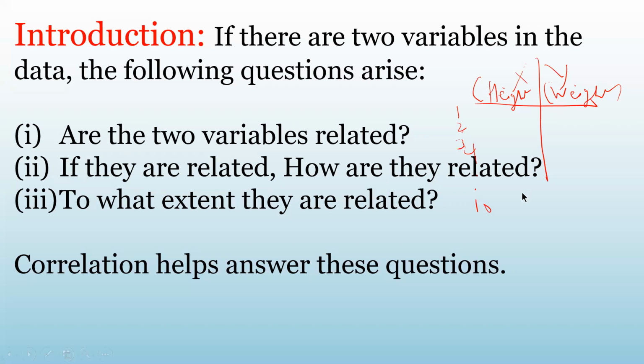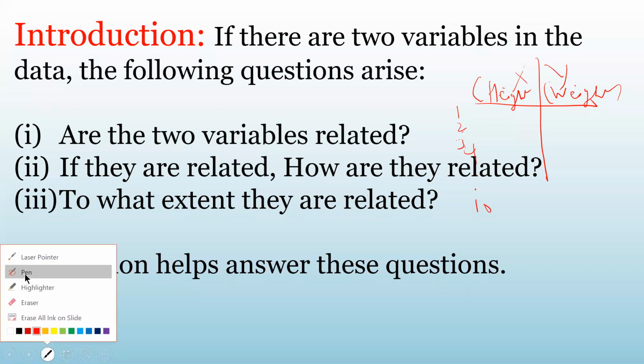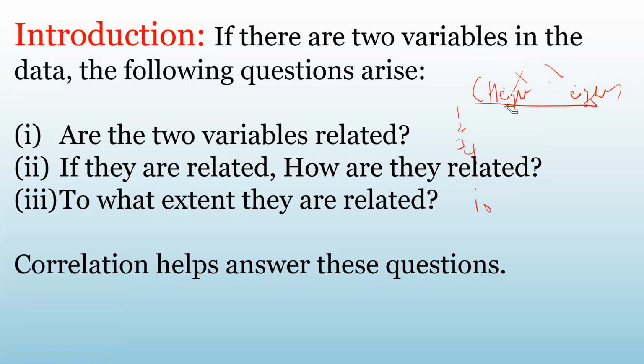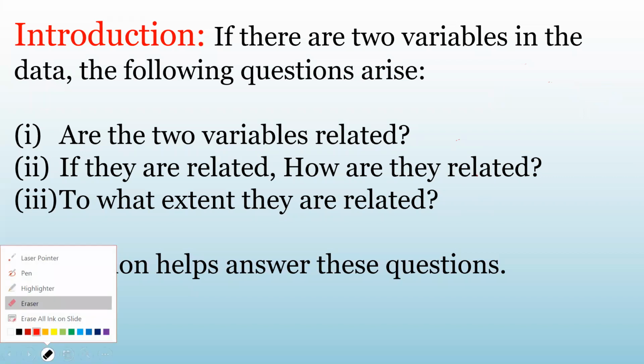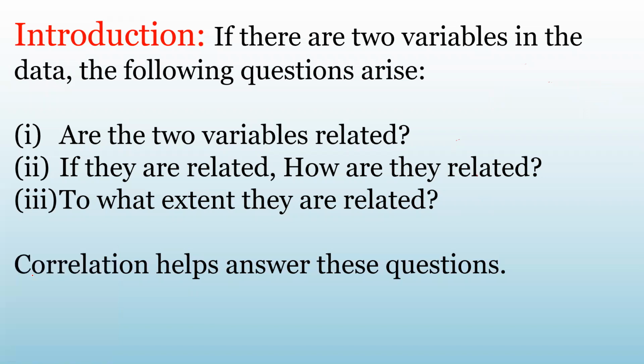Similarly, one more example I can give you. Suppose X denotes the income of a family and Y denotes the expenditure. Suppose I have got the data of some 10 families where X denotes the income and Y denotes the expenses.